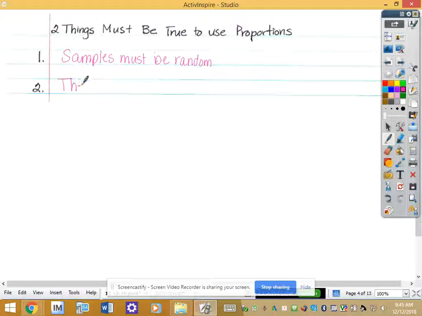Also, the conditions for the binomial experiment, meaning it has only two possible responses, is satisfied.